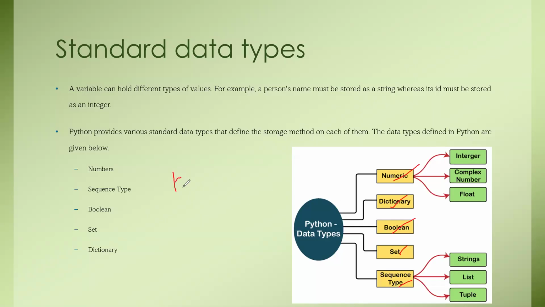Let's say I have a key and a value. This is what we call a key value pair. Any JSON file format or YAML file format will have key value pairs.